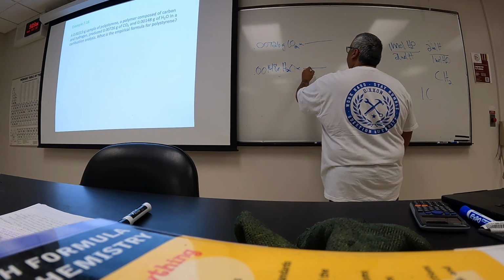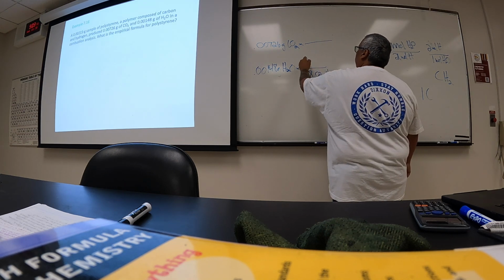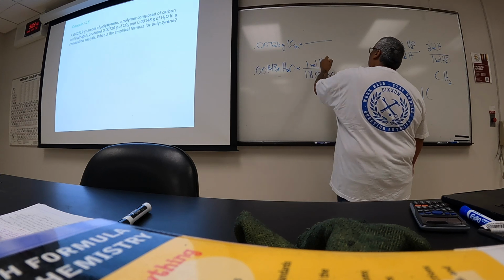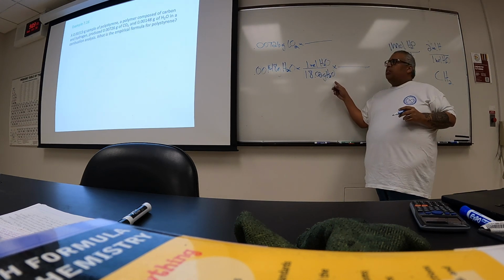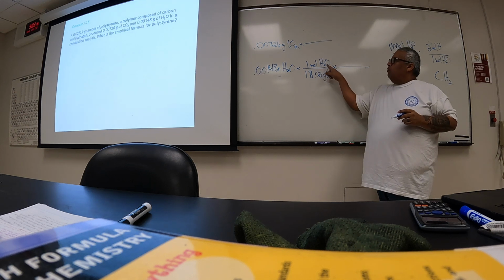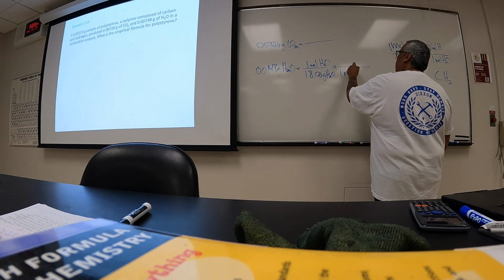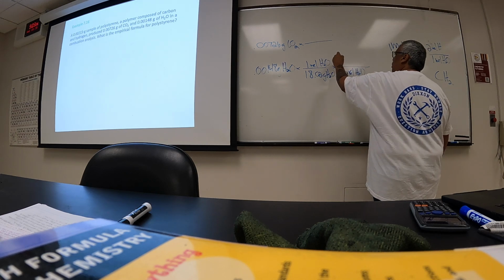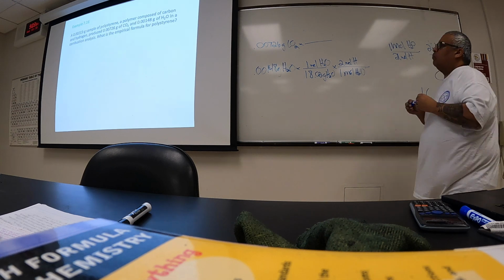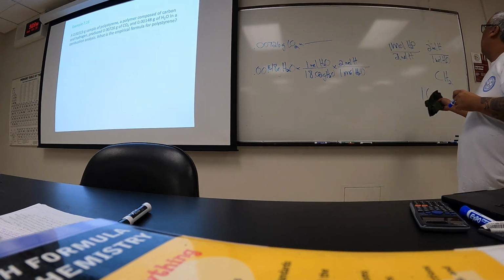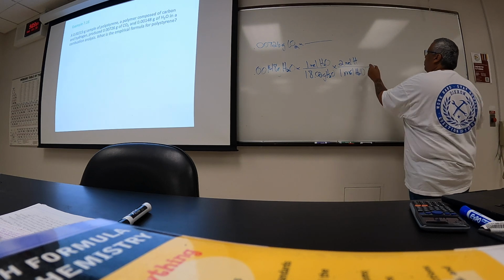So water is 18.02 grams per mole, grams of water for every mole of water. And we don't need the reaction for this, we just need to know for every mole of water, how many moles of hydrogen? We don't have to reconvert this back into grams. We want the moles of hydrogen.